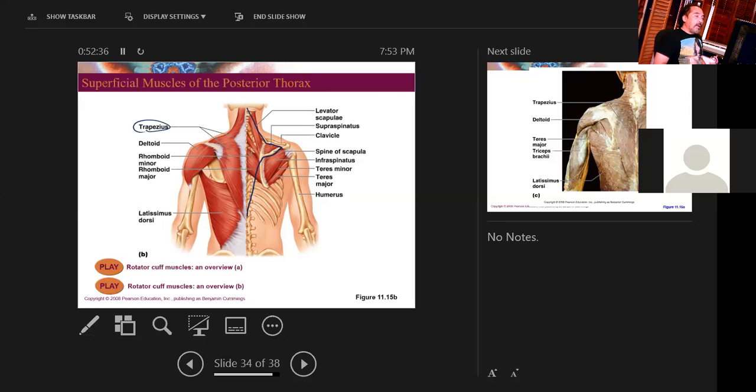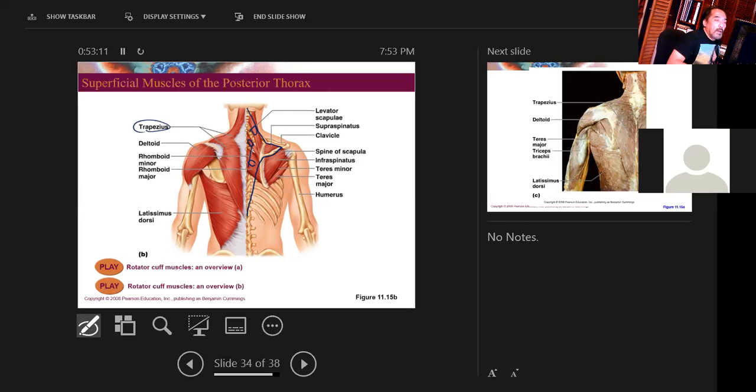All right. So I see my trapezius, then I take it off. I don't see my trapezius, so I'm going to call these muscles the rhomboids, meaning square. So I got rhomboid major at the bottom, and then rhomboid minor on top.